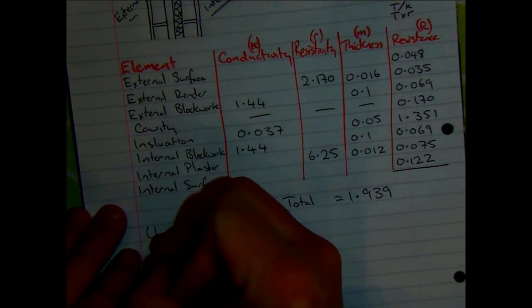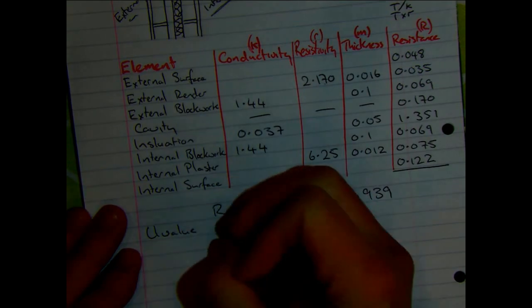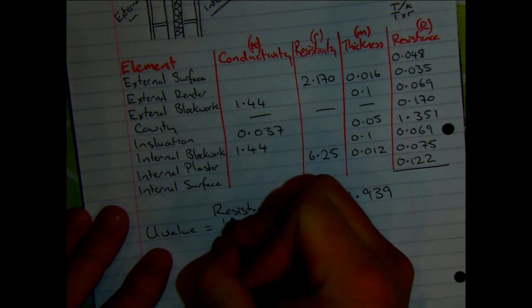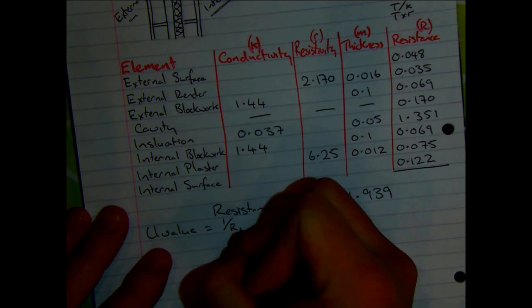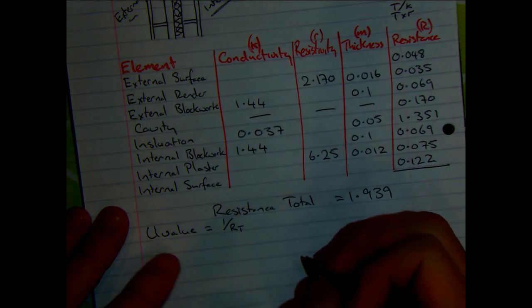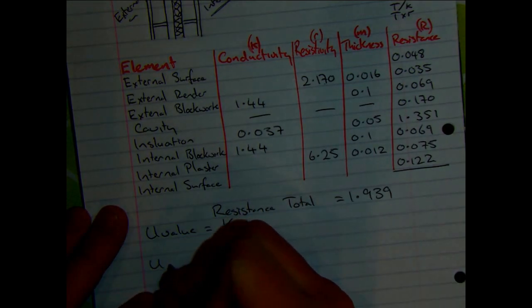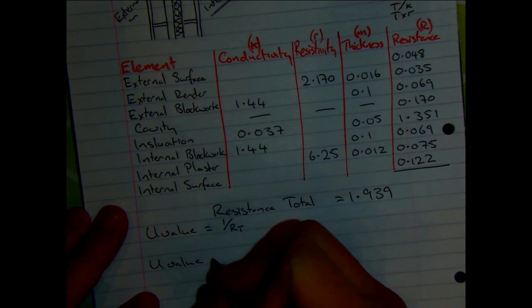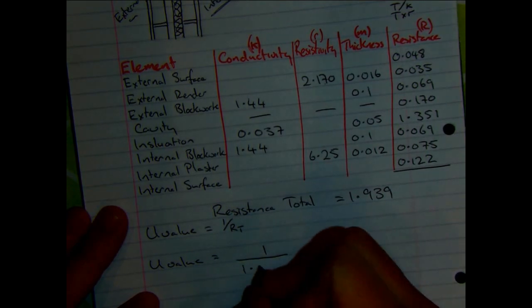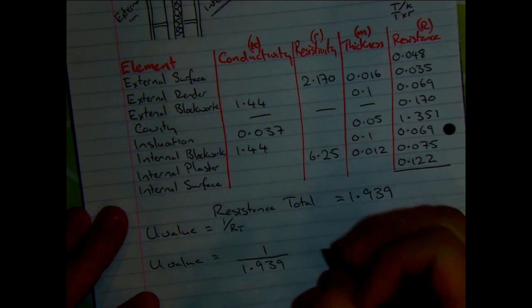So to get our U value, the formula for it is 1 divided by RT. RT here is our resistance total. So U value is equal to 1 over 1.939.